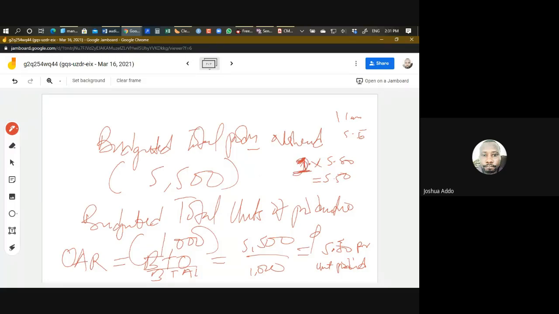The product uses 2 hours of labor time to manufacture. The overhead charge per labor hour is 5 cedis 50 pesewas. Every 1 hour of labor time is 5 cedis 50 pesewas, and one product uses 2 of that.